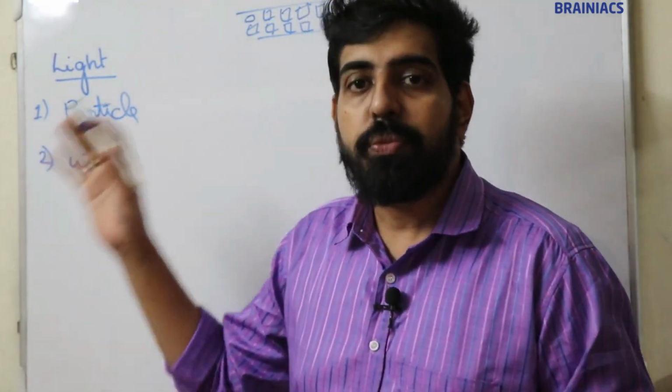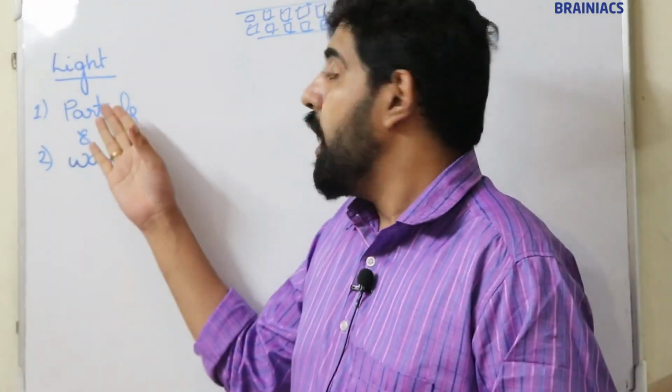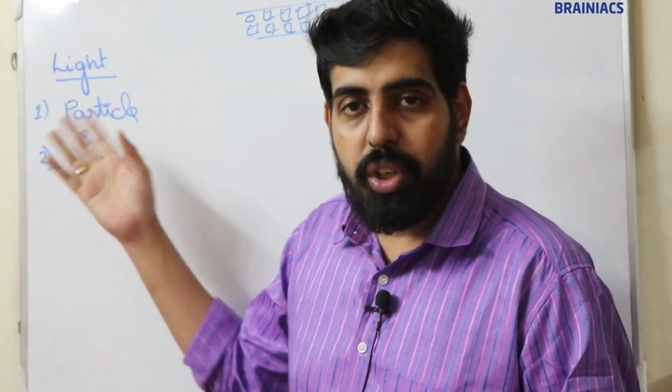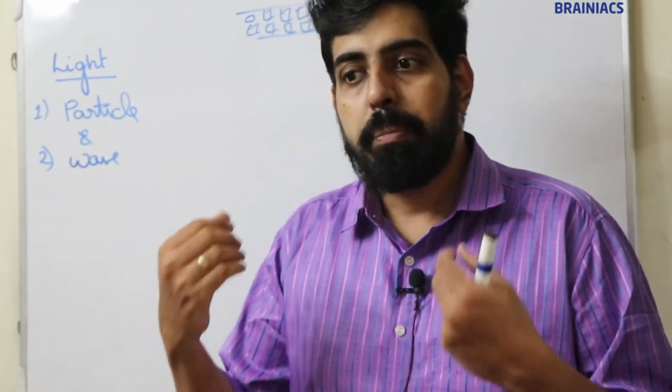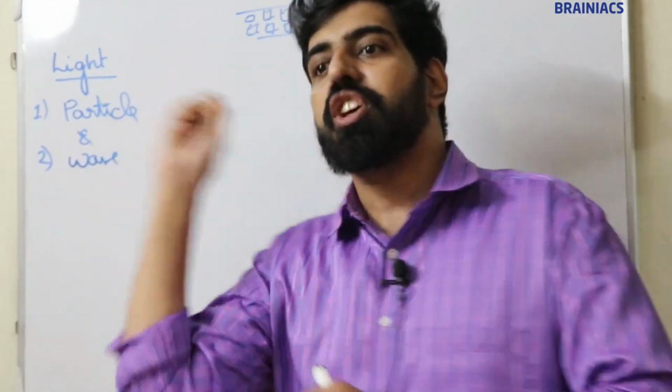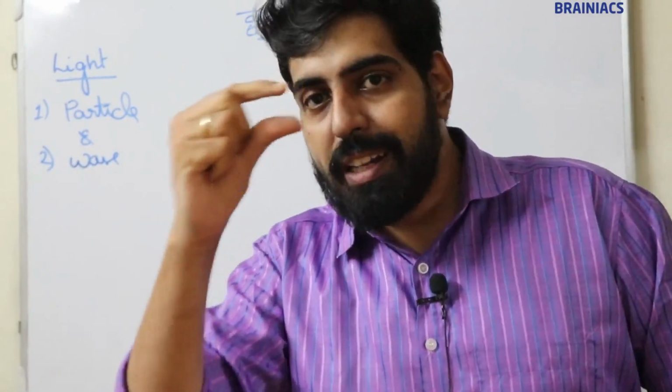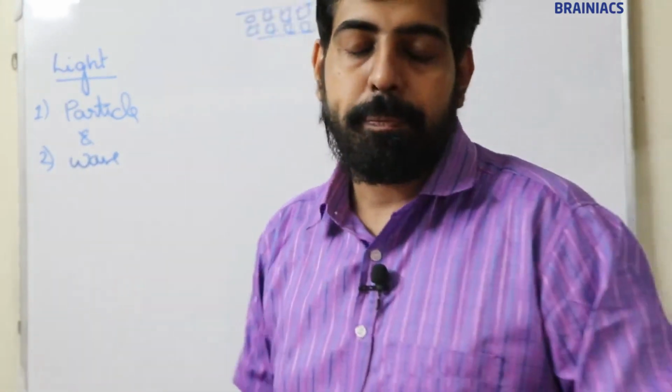So Newton was the first one to tell about the nature of light. He proposed that light consists of a stream of particles, and those particles he called corpuscles.